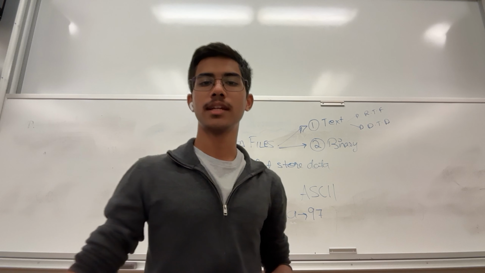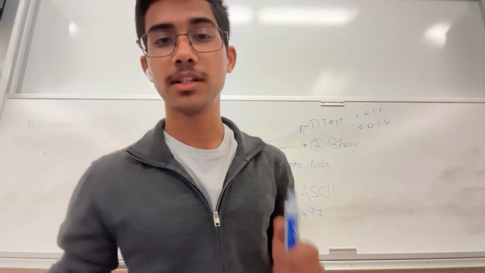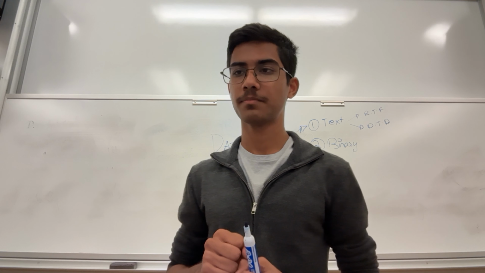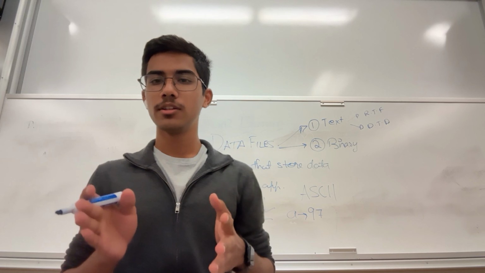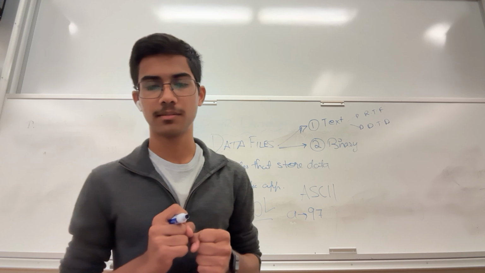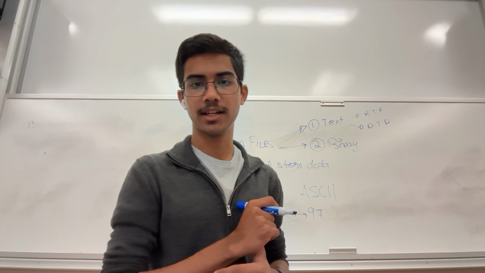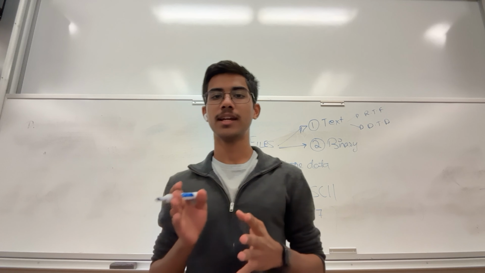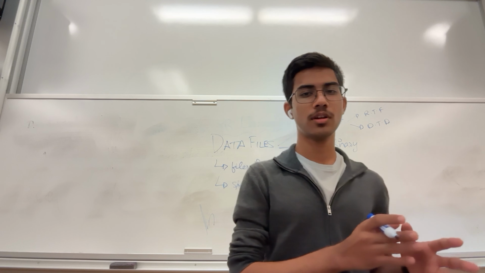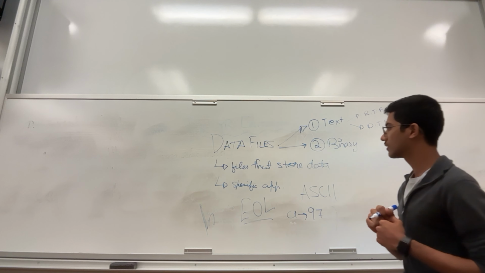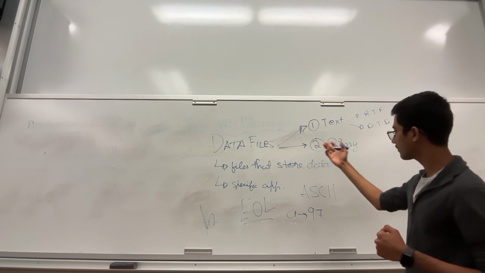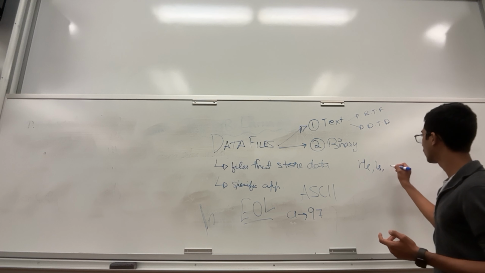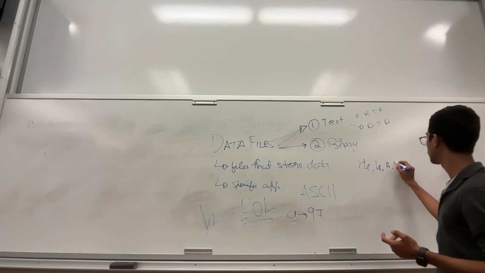Let's talk about the second type of text file, which is your delimited text file. What does delimited text file stand for? Delimited text files use a specific character to separate the values that they have. Okay? What does that mean? Let's consider an example. He, comma, is, comma, a, comma, student.